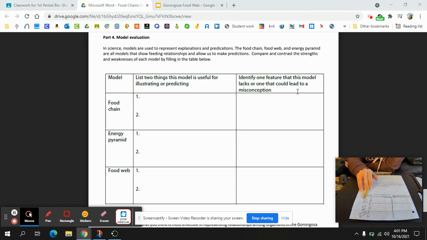So, for example, food chains might make you think that that's the only path for the energy. But when you see a food web, that's not the only path. So think about misconceptions or things that the model lacks that maybe another model might provide.